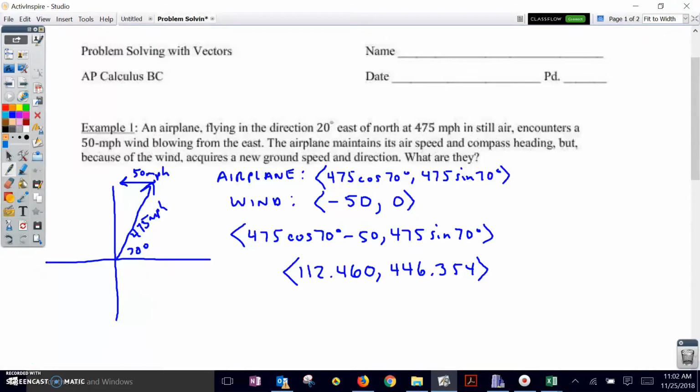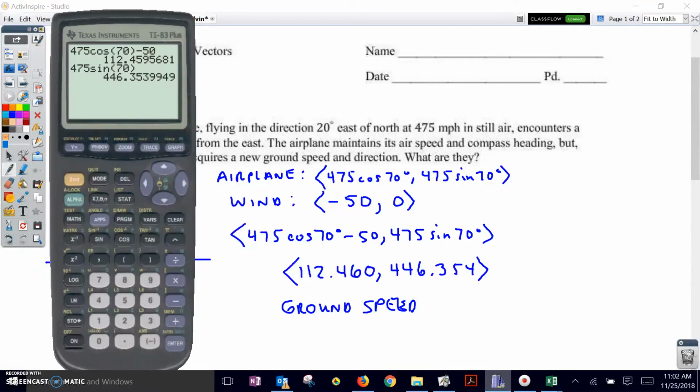I'm still not done though with this problem because I want to know the new ground speed and direction. The ground speed is going to be the magnitude of this vector. So to find the ground speed, I'm going to find the magnitude of this vector.